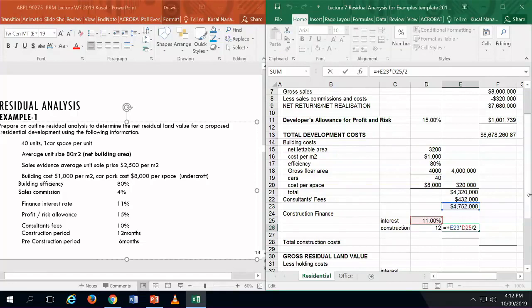Because for construction finance the 50% rule applies. The reason is we don't borrow the full loan amount, 4,752,000, at the beginning. We get it stage by stage.